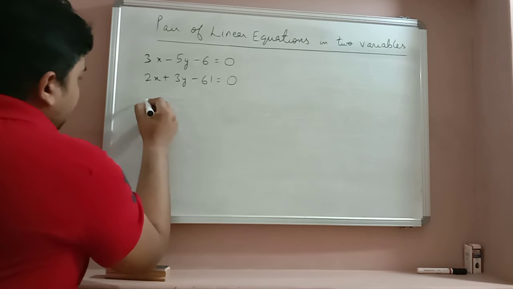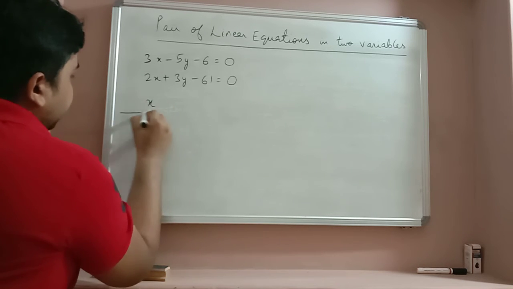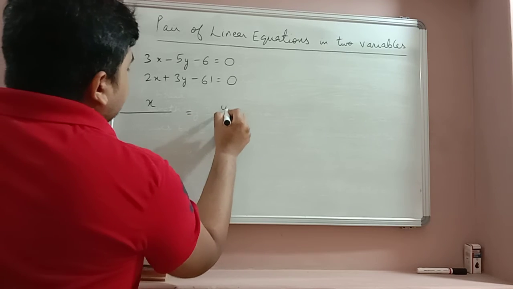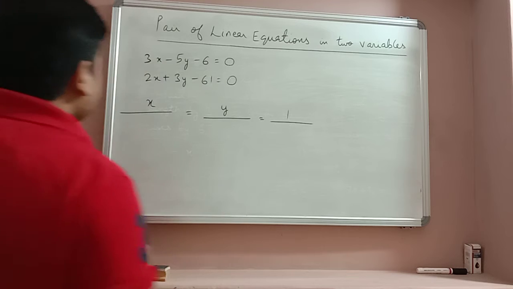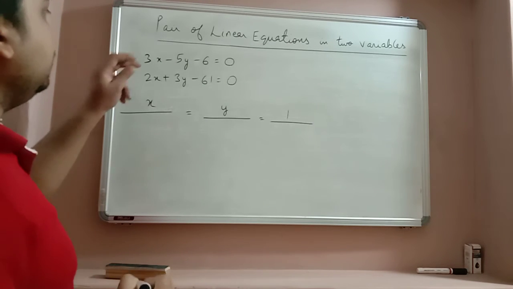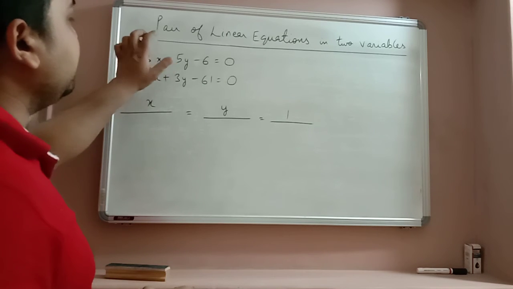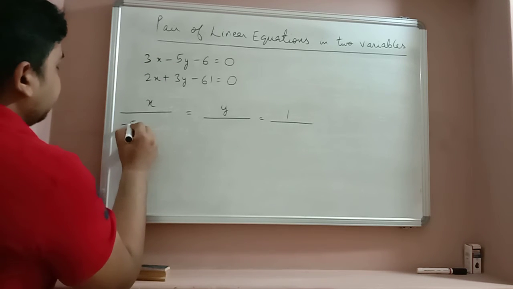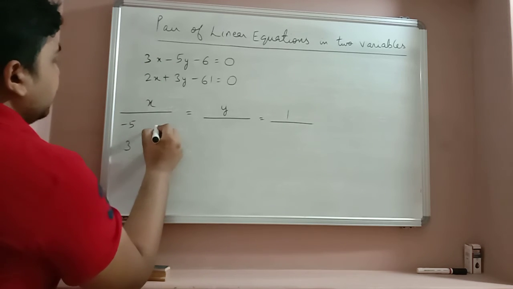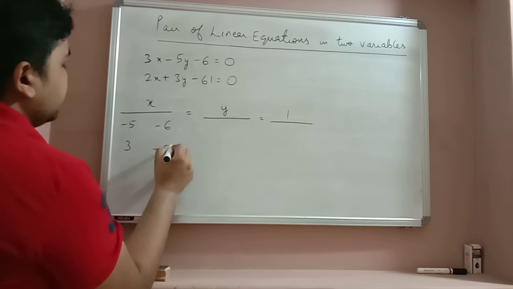Now we will apply the cross multiplication method. I'll write down x upon, y upon and 1 upon. We will write down the x coefficients below x. It is minus 5, 3, minus 6, minus 61.